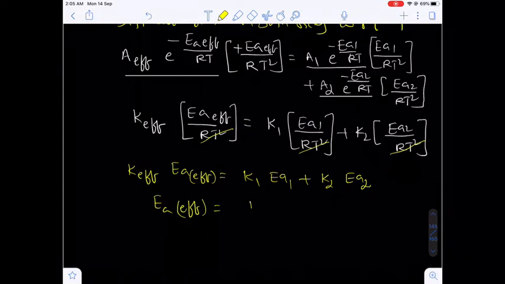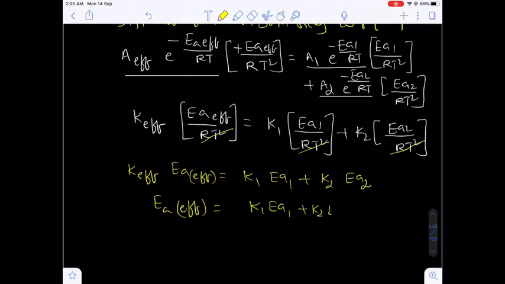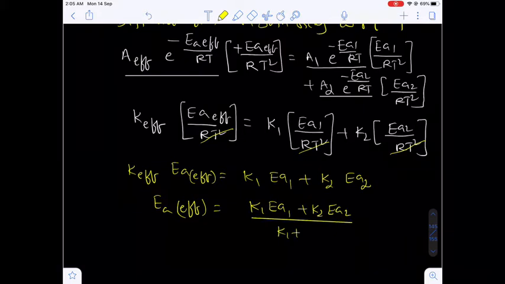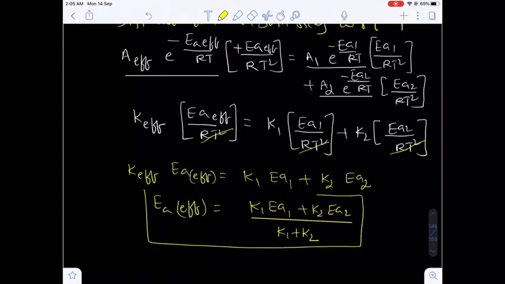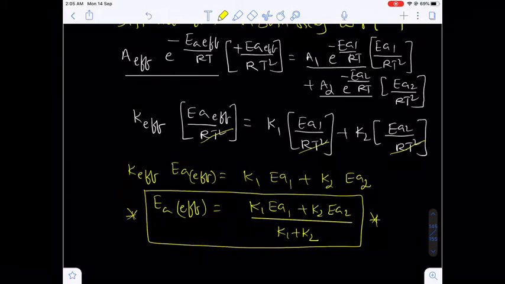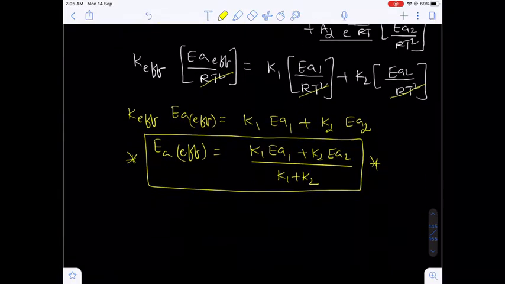EA effective equals K1 EA1 plus K2 EA2, whole divided by K effective, which is nothing but K1 plus K2. This is the overall activation energy of a first order parallel reaction. Are you getting my point?